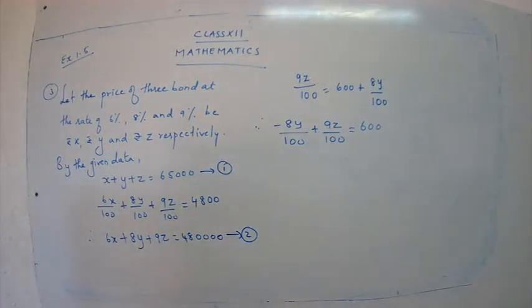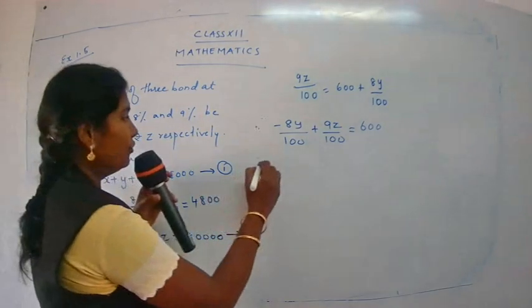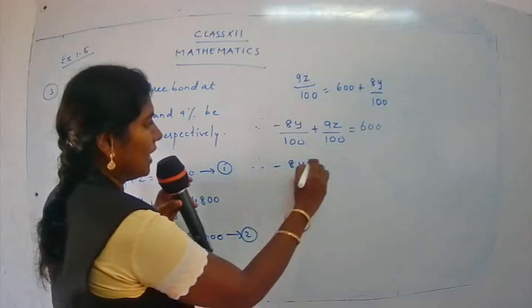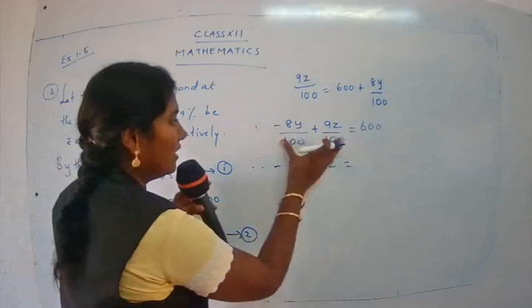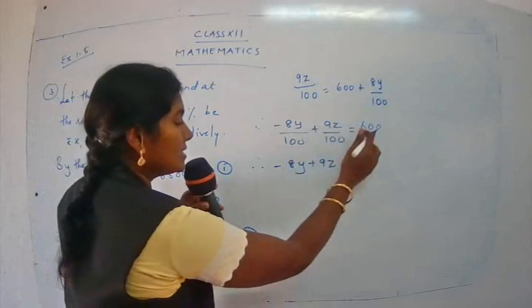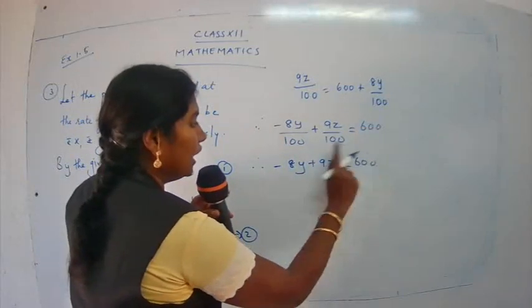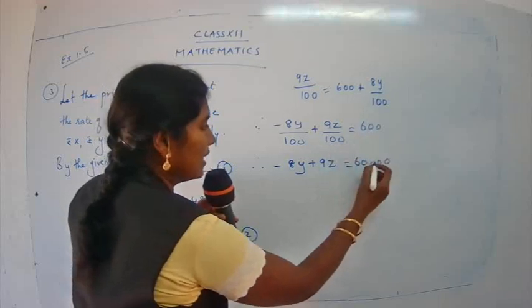So now what we can see again here, we can see the denominator is common. So we are going to take the common denominator to the RHS part. So let's get the answer. So write the numerators together, minus 8y plus 9z is equal to upon 100, and this is 600. So 600 into 100. So 2 more zeros are added over here.